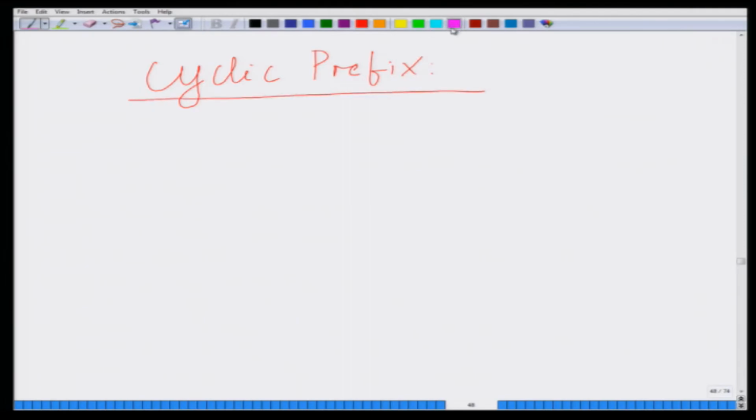What is the cyclic prefix? Now, let us look at the cyclic prefix. Let us consider the symbols x0, x1, x2 up to xn minus 1. These are the symbols that are loaded onto the various subcarriers.